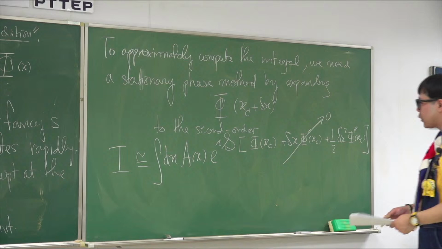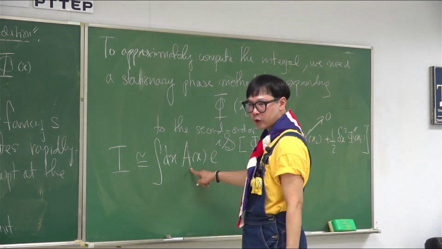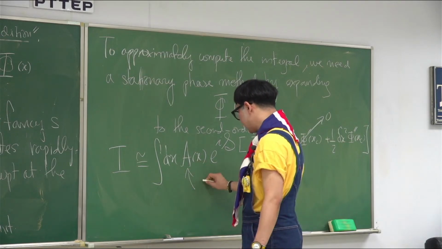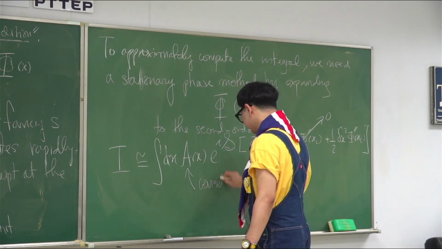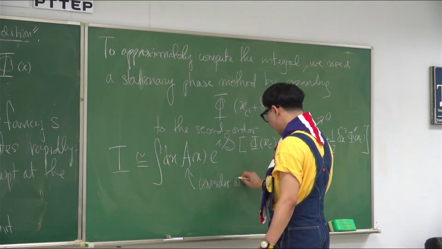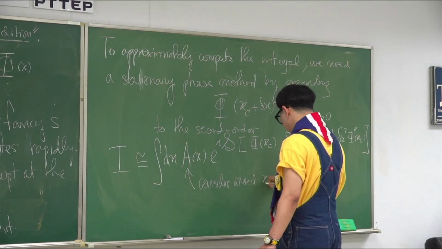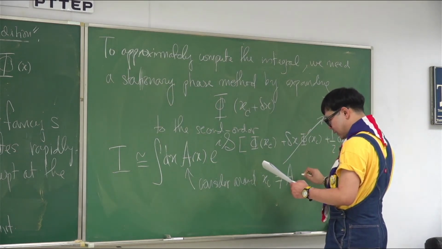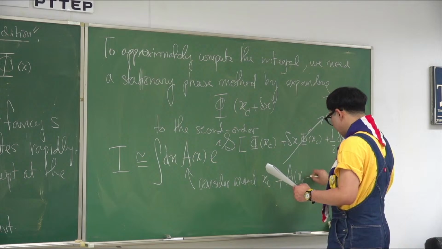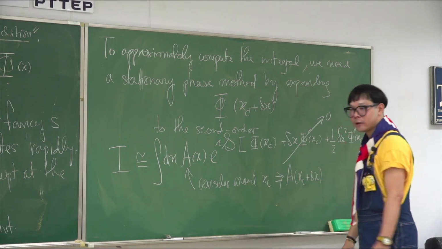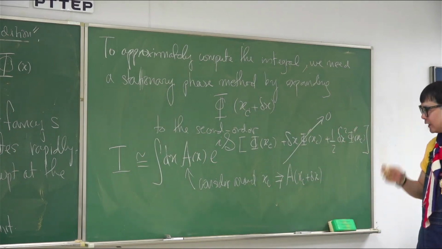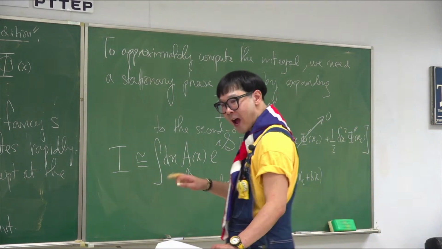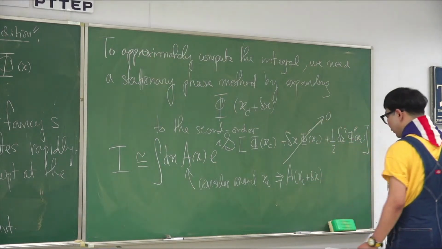We also need to consider this amplitude as well around that critical point, right? We consider around this xc. So it means that we can do approximation as well to see the behavior of this amplitude around the critical point.